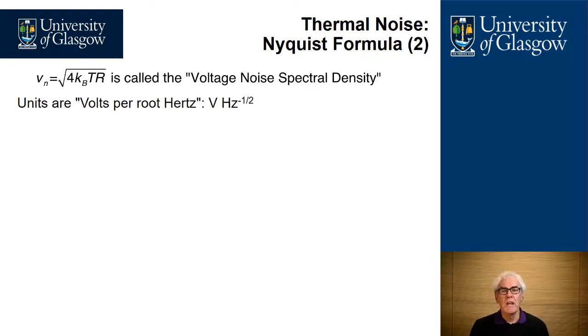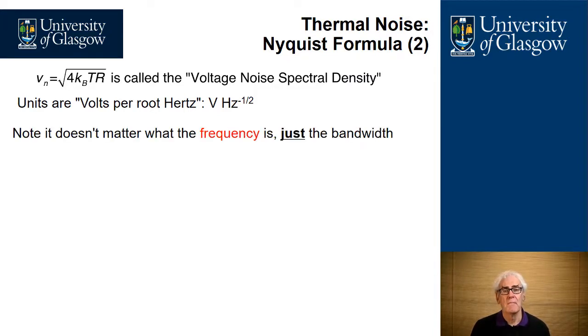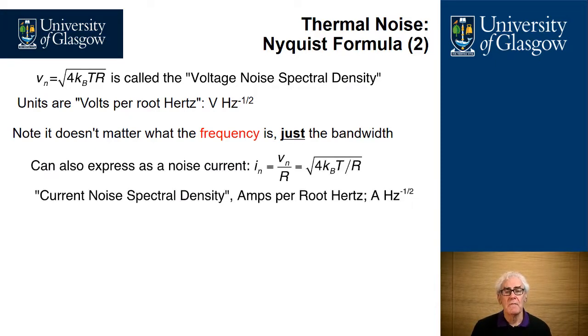From this equation, the units are always in volts per root hertz. We're not considering bandwidth at the moment, and that's why often we separate out the bandwidth in noise calculations so we can easily adjust for the effect of different bandwidths. From previous lectures, you know that it doesn't matter what the frequency is, it only matters what the bandwidth is.